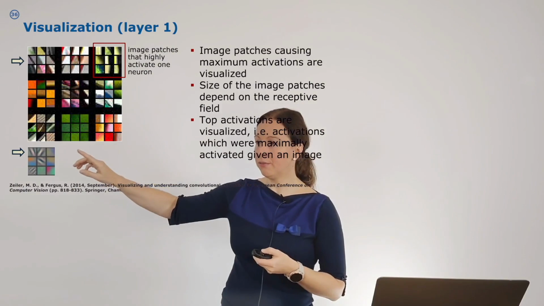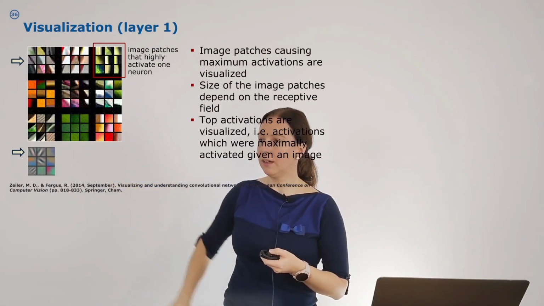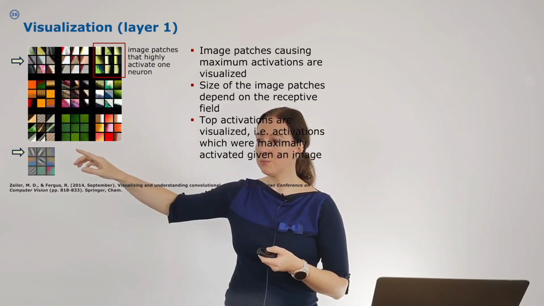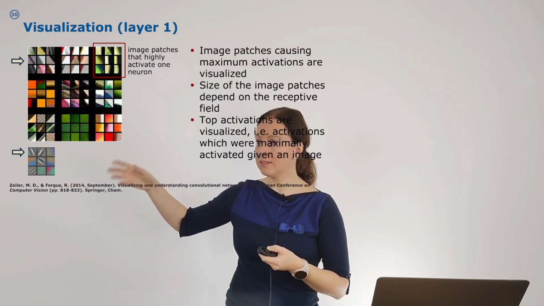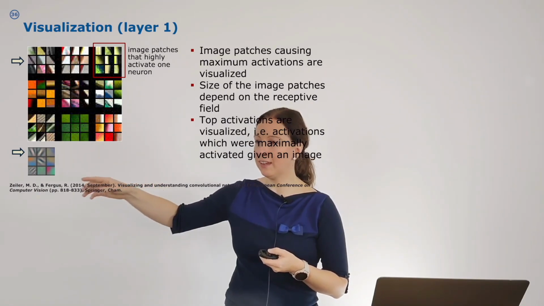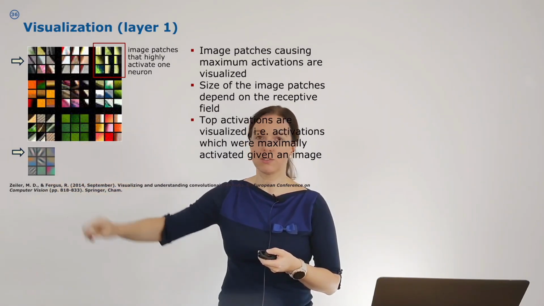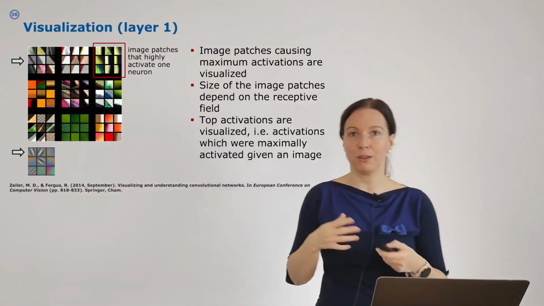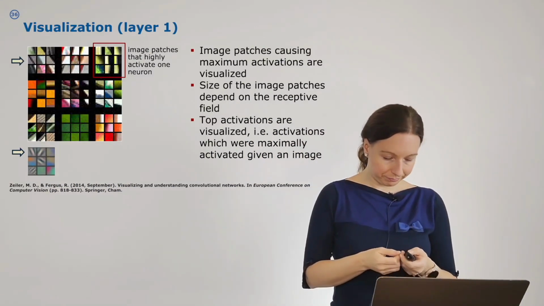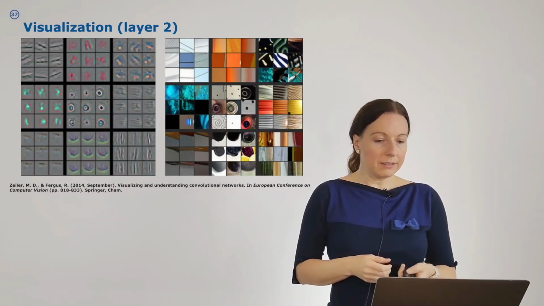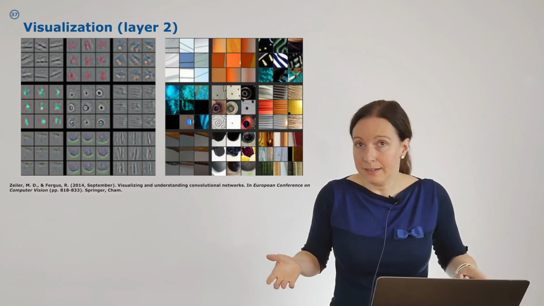For example, for the green image patches which cause the same neuron to highly activate, if you choose one of them, this is the reconstructed image patch with the Deconvnet.